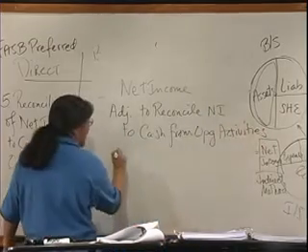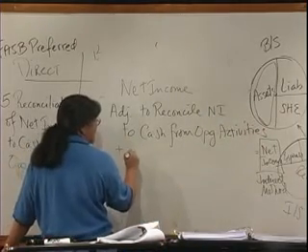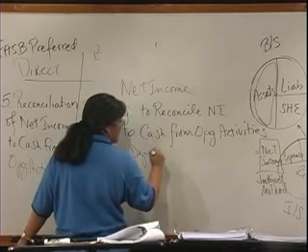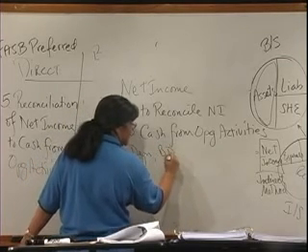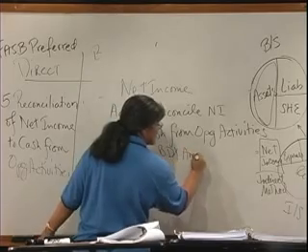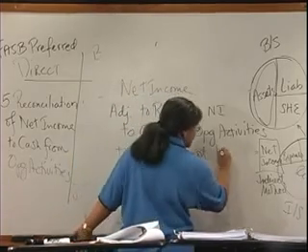And what you're going to do is you're going to add back all your non-cash expenses like depreciation expense, bad debt expense, amortization expense, warranty expense.